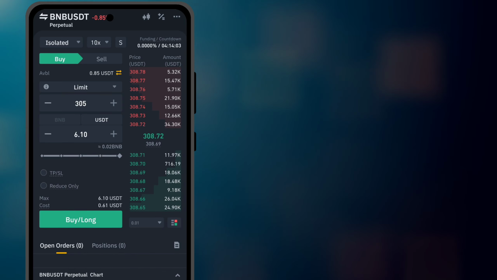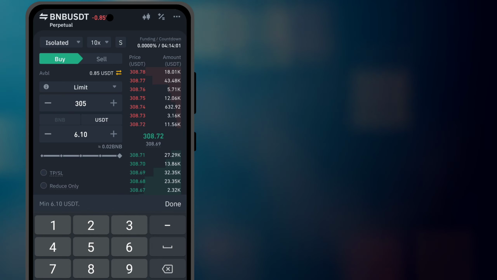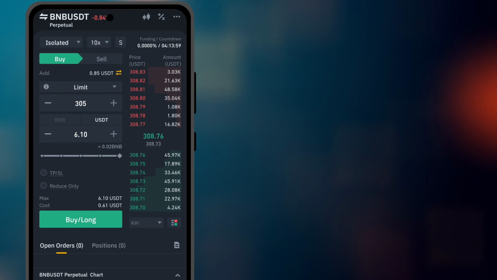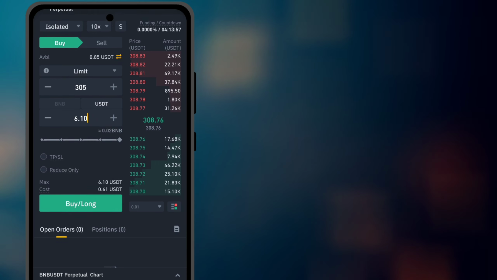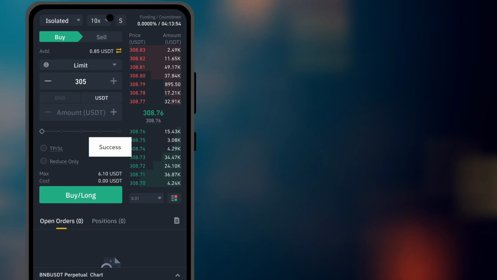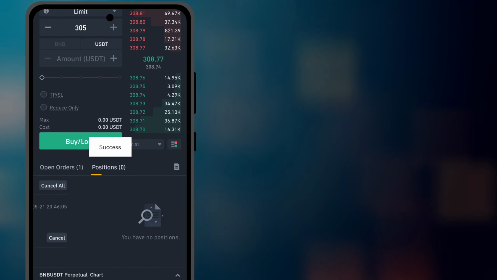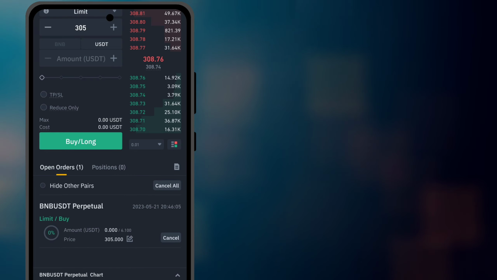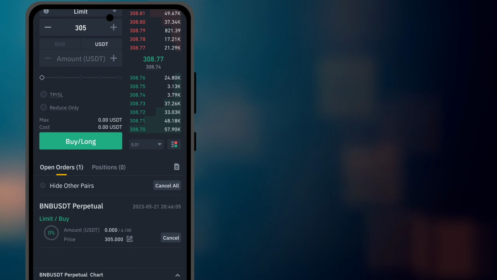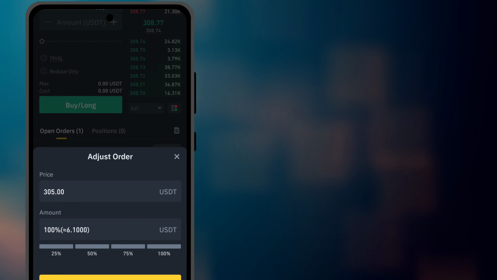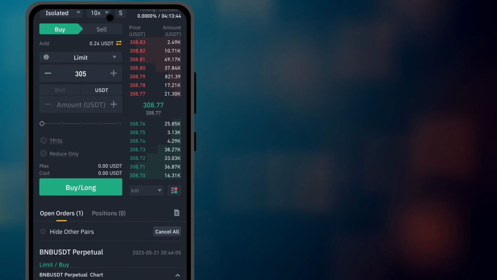Then when I click on buy, you'll be able to see that my position is not open, but the order is placed. You understand? So when I click on it, you'll be able to see more details and everything. You understand my point? But the order is not open because the current price has to come down to 305 before I will enter this trade.